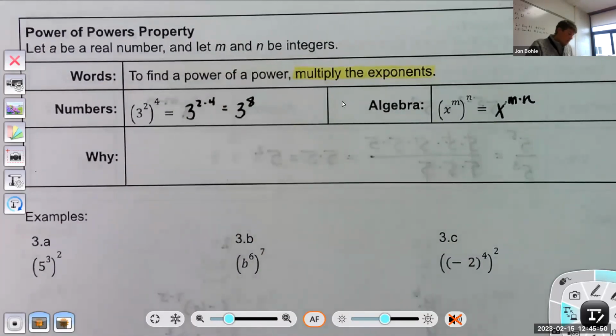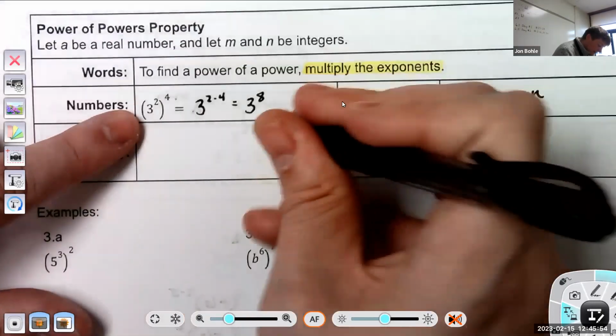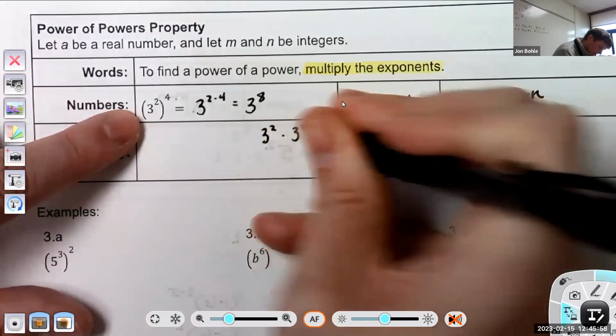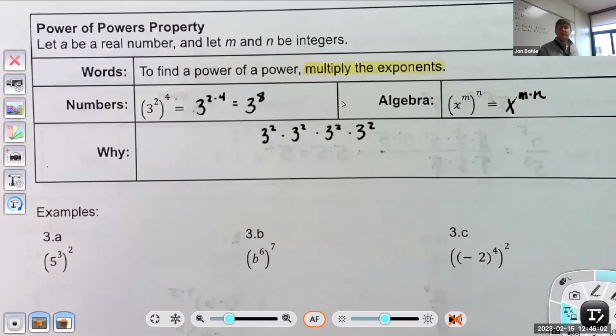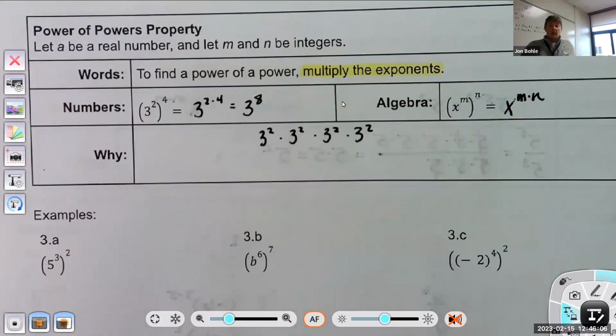Okay, why does this work? Well, if I'm taking 3 to the second power to the 4th power, that's the same as taking 3 to the second times 3 to the second times 3 to the second times 3 to the second. I'm taking 4 3 squareds multiplied by each other. All of those 3 squareds are 3 times 3.